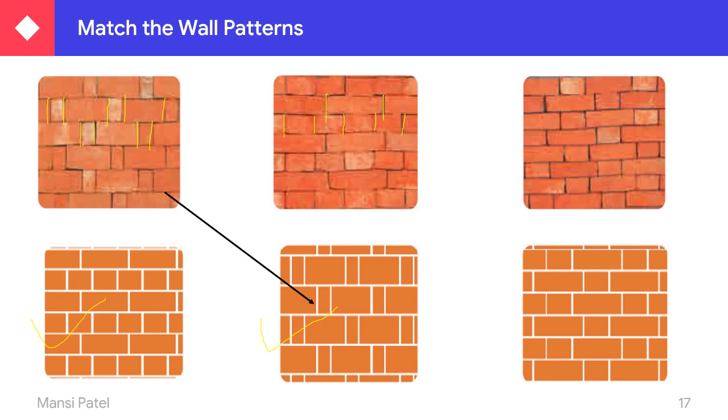So the answer of the second brick looks like the first pattern. Now, as you know already, the remaining is the third. So the answer of this brick looks like the third pattern. Now you can match the wall patterns like this.